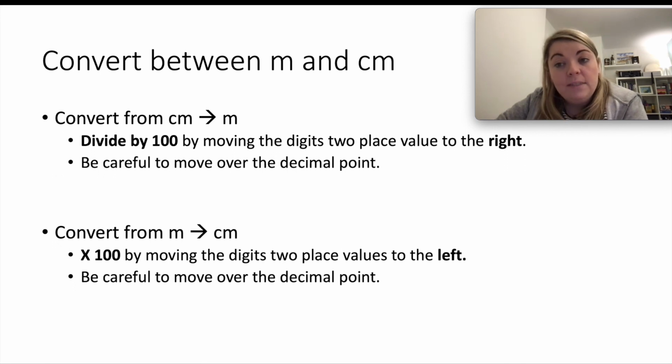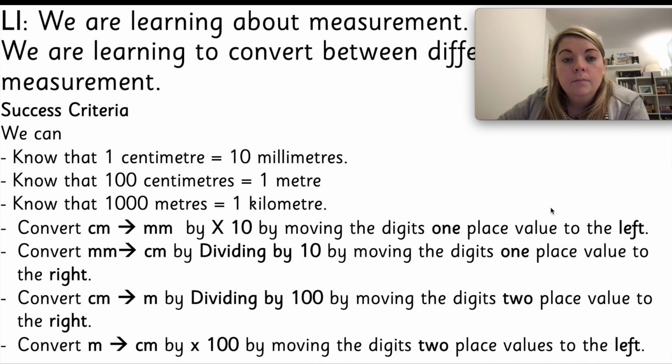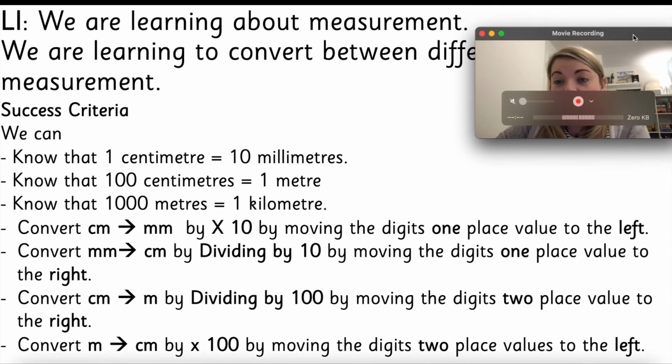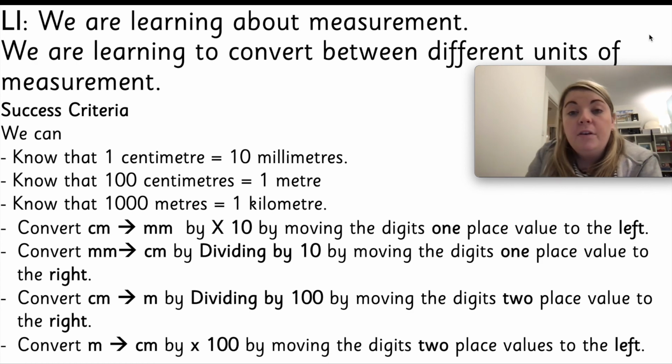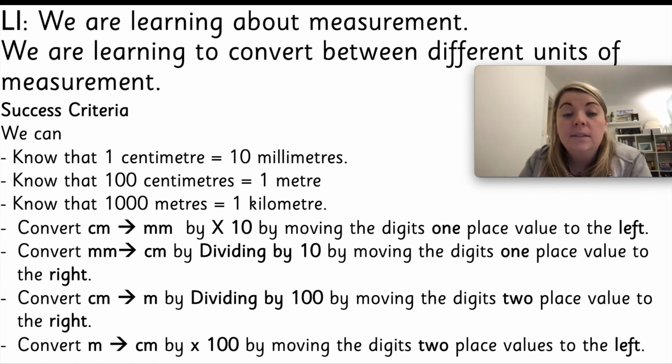And if there's empty columns before the decimal point, you put your zeros in that you would have carried from after the decimal point. So that was a bit of new learning. I know some of you might think that's quite tricky, but feel free to watch the video again, pause it when you need to, and re-watch parts of it.